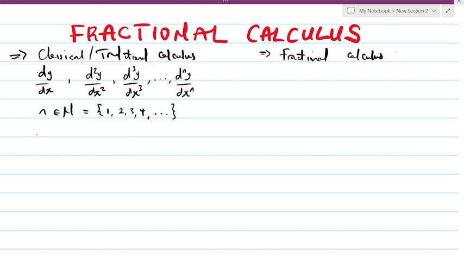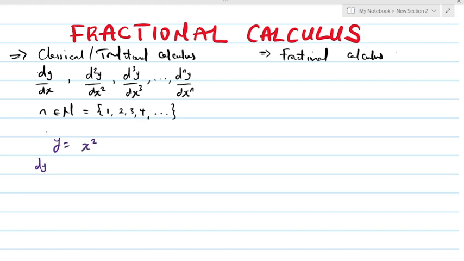For example, if you have y equals x squared, so if you take the first derivative, dy over dx, that will be 2x.